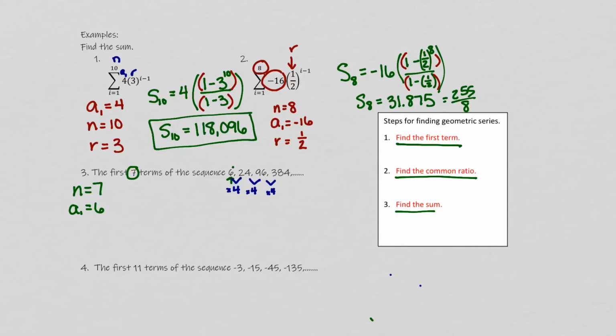So my R is 4. That was my common ratio. And I'm going to plug it in to my equation. So the sum of the first 7 terms is the first term times 1 minus r to the n power over 1 minus r. Plug all that in your calculator. Make sure to put parentheses where they need to be. And you should get 32,766.